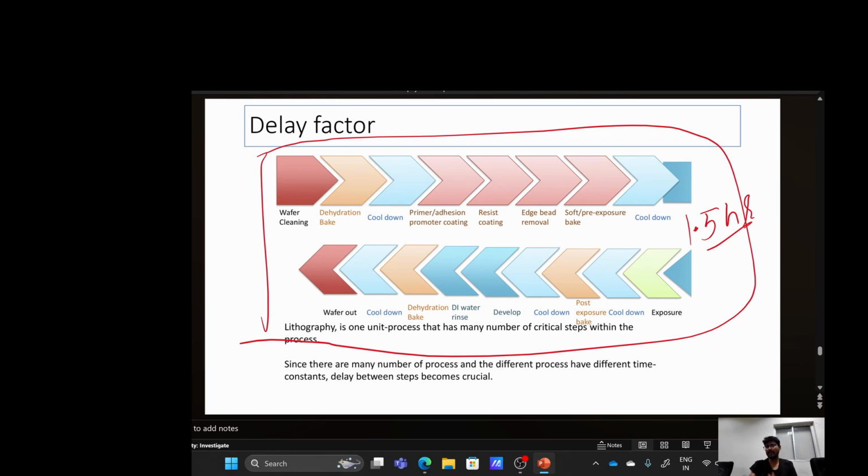You should take care during the development time. If it gets overdeveloped, you need to do the whole lithography process again, and that is time consuming as well as resource consuming.